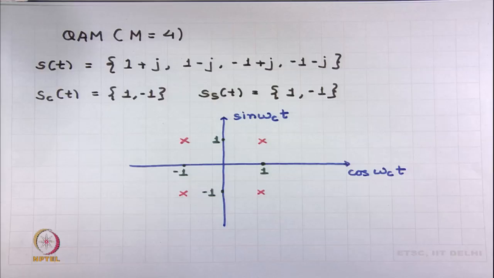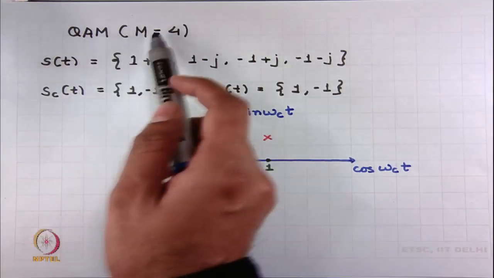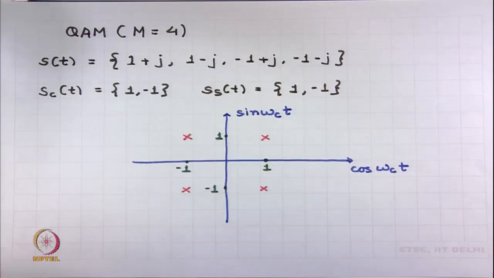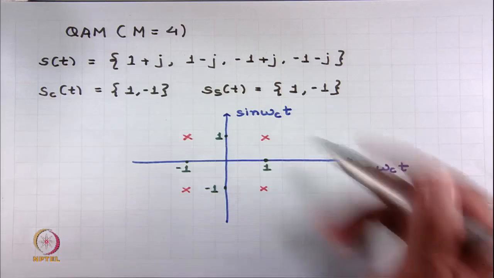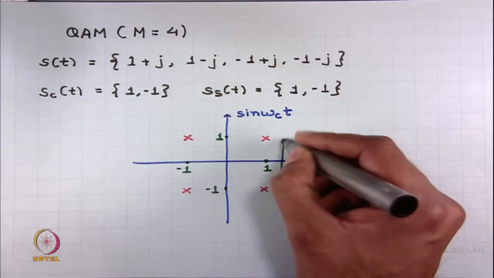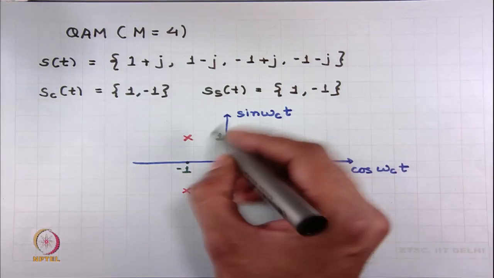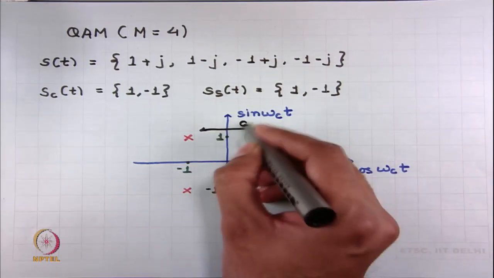Okay. Let us look at the signal constellation diagram of QAM. In this case, I have QAM with M equals 4, that means the multi levels in the QAM is 4, that means I am having 4 symbols present. The distance between the two symbols has to be again some constant d. So, you have to make sure that the distance between any two symbols is at least d.